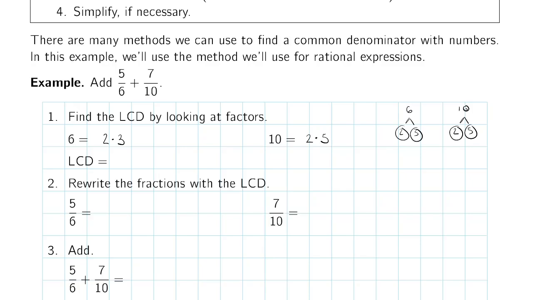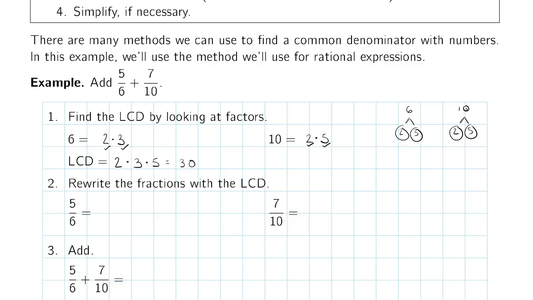My least common multiple needs to have a 2. It needs to have a 3. And it needs to have a 5. So if I multiply that out, that's 30.